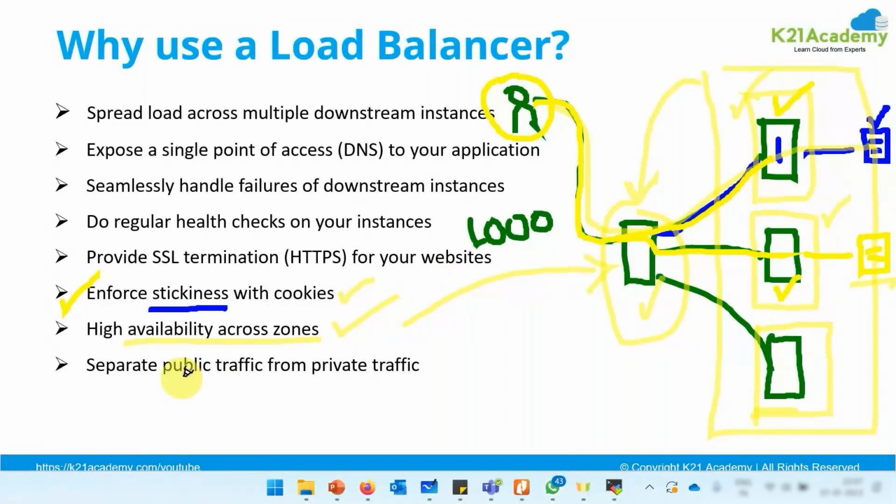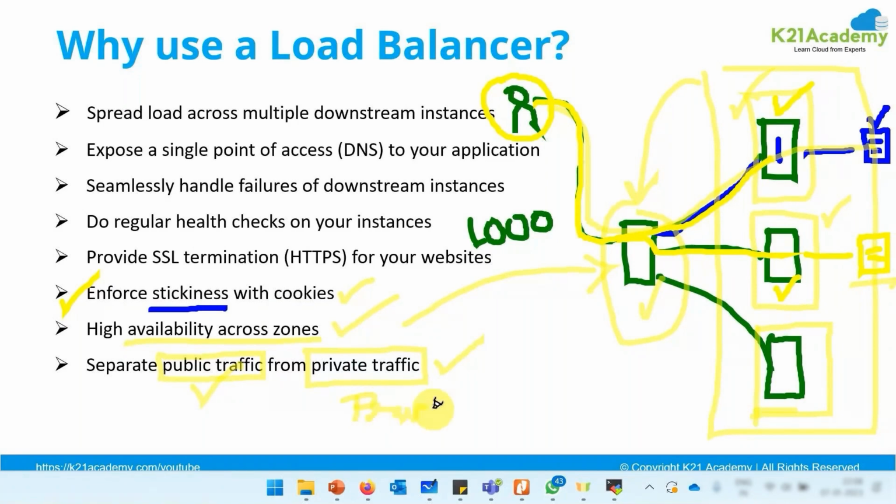An internet load balancer is nothing but a load balancer which will receive traffic from the internet, that is, public traffic. An intranet load balancer is a load balancer which will receive only traffic from the internal network. The private traffic handled by the intranet load balancer will have only private IPs associated with the load balancer.